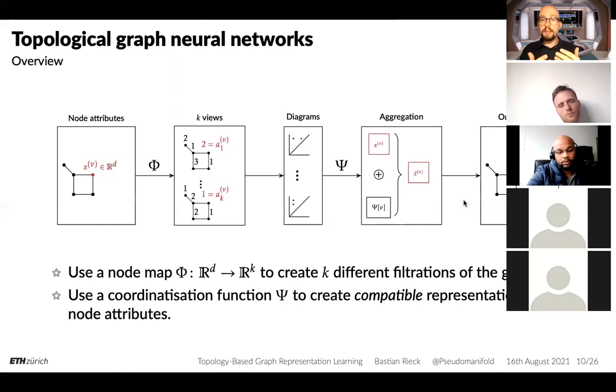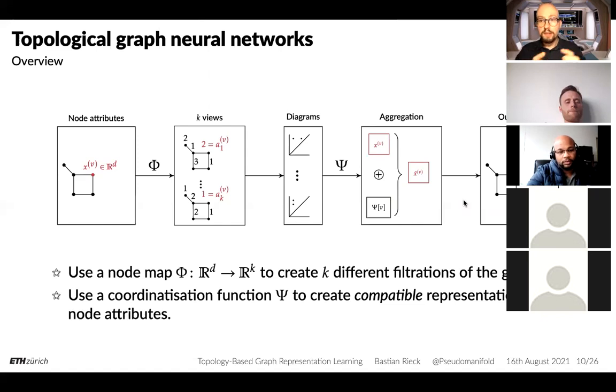So in essence, we can take a layer, such as a graph convolutional neural network layer, and we can replace it by our topology-based layer. And still the whole thing works. And the graph neural network is still capable to function and to perform its classifications, but suddenly it has access to all this topological information. So that's kind of the gist that I want to impart on you here.